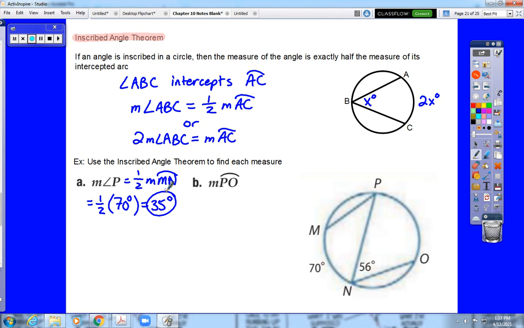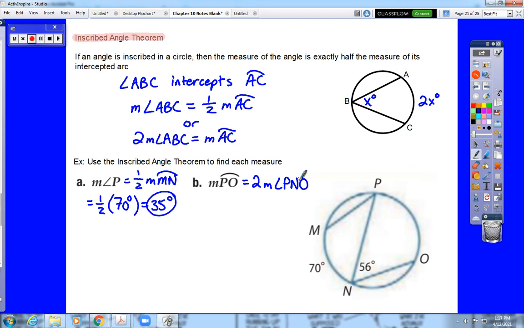Okay, it's a very simple idea. All we have to do is go the correct direction. Multiply or divide by 2, depending on what we're trying to find. Same thing for the second part. We have arc PO. Well, the arc is equal to twice the measure of the angle that forms it, in this case PNO. That angle is the inscribed angle that intercepts arc PO.